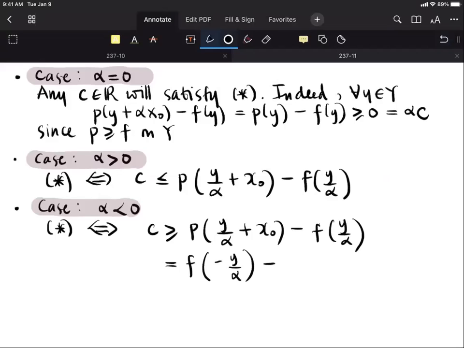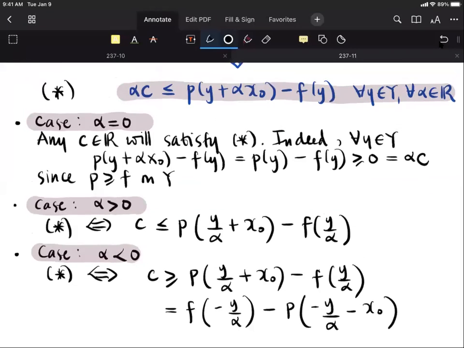Then we have here minus f of y over alpha, minus p of negative 1 over alpha y minus x naught. There is some detail that we need to emphasize here, of course.